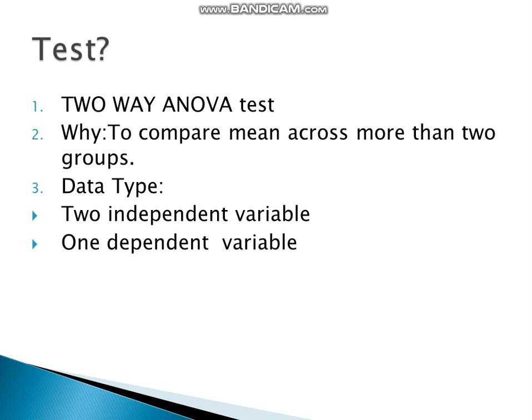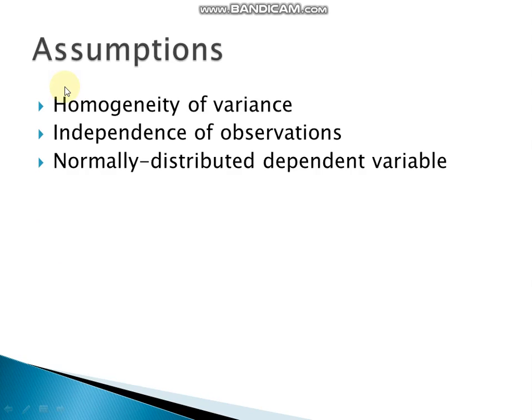For the test, we use the two-way ANOVA test because we want to compare means across more than two groups. For the data type, we have two independent variables and one dependent variable. The assumptions are that the homogeneity of variance must be equal, the observations are independent, and the dependent variable is normally distributed.